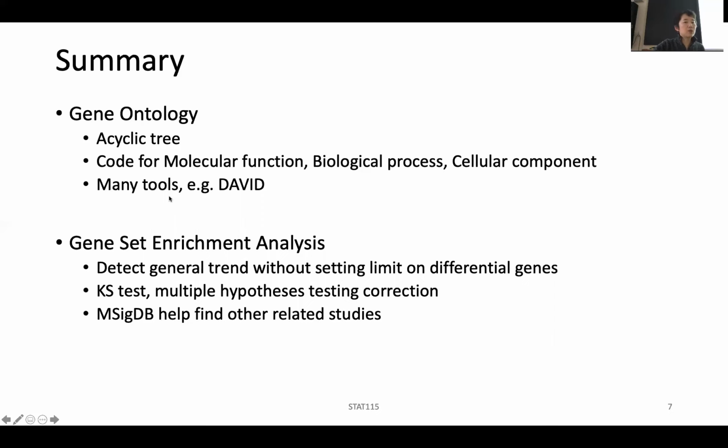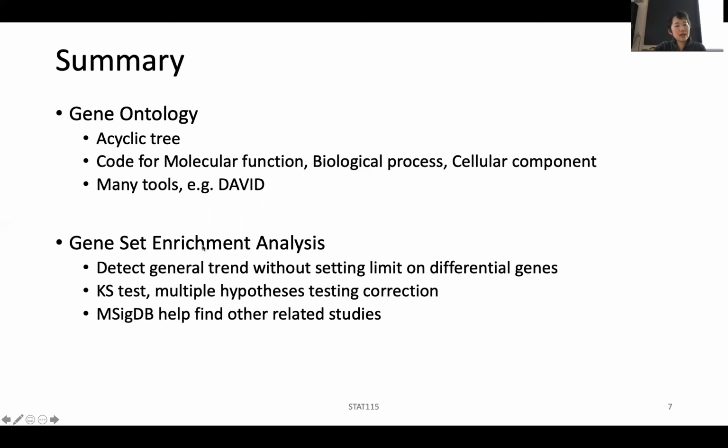And there are many tools that help you annotate a group of genes that are enriched in any of these three things. The one tool that we really recommend is the DAVID tool. You will be using it in your homework, and you can see that it's pretty easy to use and gives you quite meaningful results.